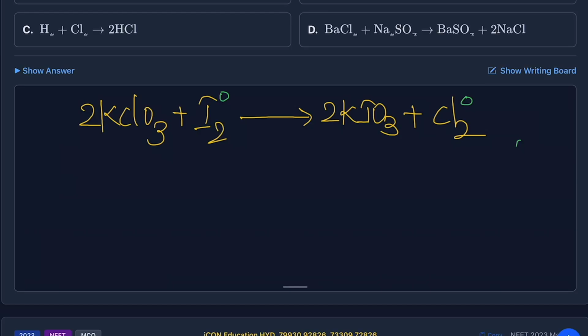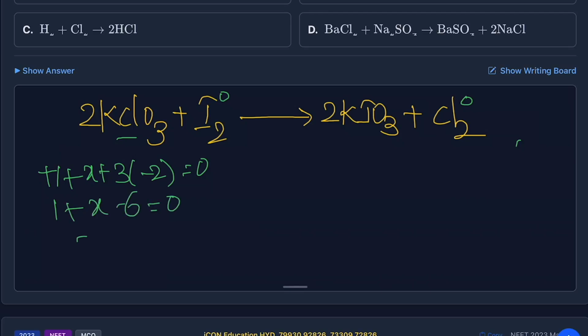Here, in KClO3, we have to find the oxidation state of chlorine. The oxidation state of potassium is plus 1, so plus 1 plus x plus 3 into minus 2 equals 0. 1 plus x minus 6 equals 0, x minus 5 equals 0, x equals plus 5. So the oxidation state of chlorine in KClO3 is plus 5.